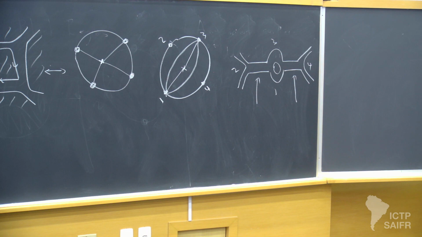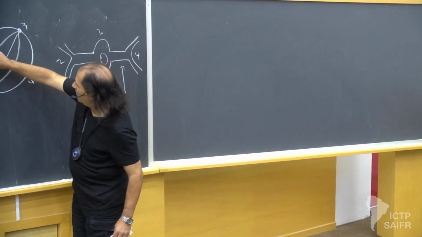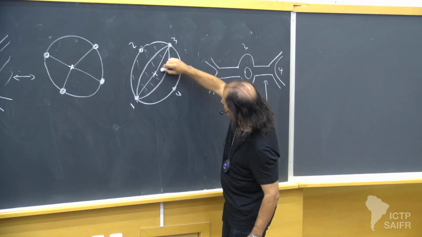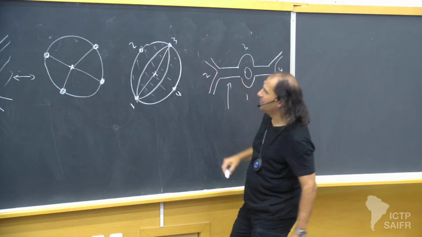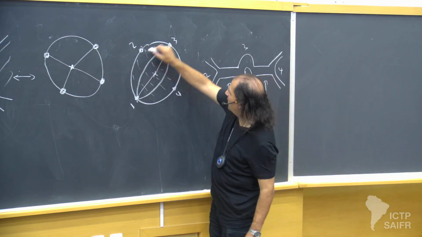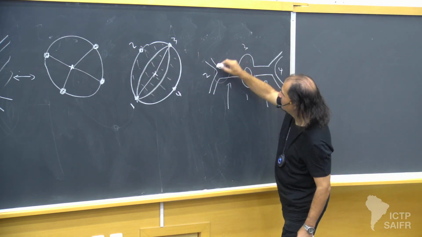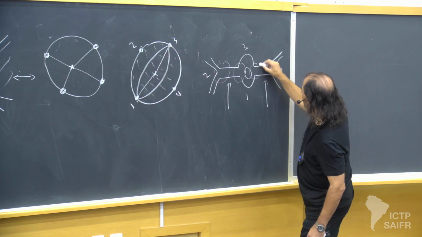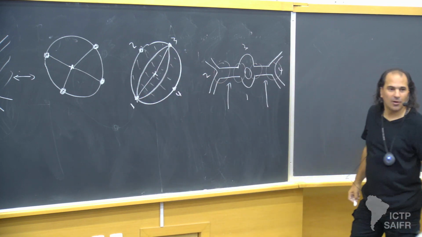You see that this is a triangulation? Triangle, triangle involving a puncture, triangle involving a puncture, triangle. Okay? And this triangle 1, 2, 3 is that one. Okay? This triangle here is that one, and that one.